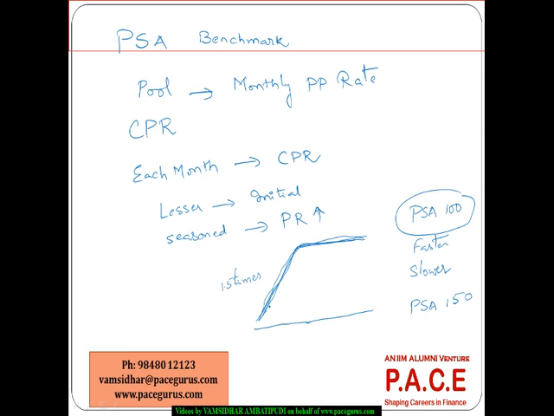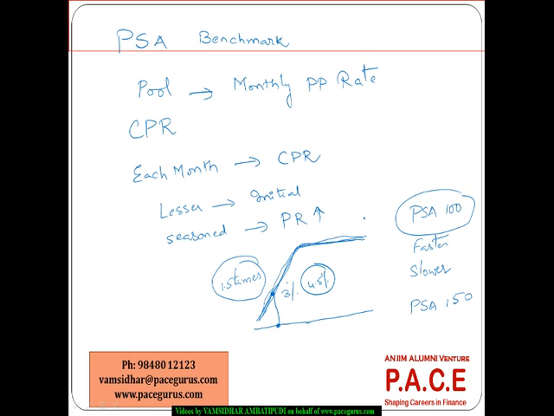So if the benchmark says that the CPR, let's say 6 months from now, is going to be 3%, this particular mortgage backed security will have 4.5% as the amount of prepayments coming in. So we typically see that the prepayment rate can be expressed with respect to the PSA benchmark, and the actual prepayment can be tracked with respect to that benchmark.